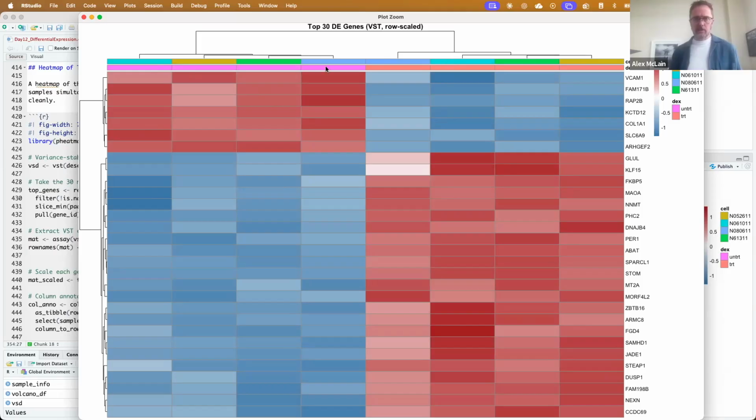There's two lines of colors here. The top color is the cell that the sample came from. The bottom color is treated and untreated by the dexamethasone. We have the cell name on the right-hand side, and then some grouping of these cells down the left. So the cells have been grouped by their pattern of expression levels.